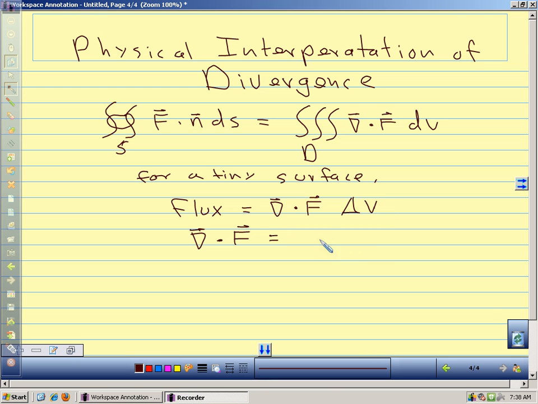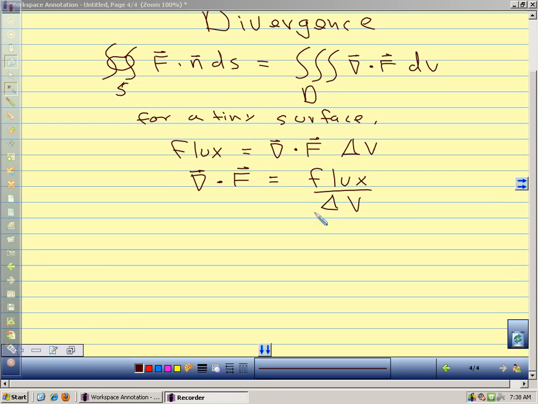So the divergence is approximately the flux over delta V. If we let delta V become very small, so we're talking about a super tiny volume, so we're going to say that delta V approaches 0.